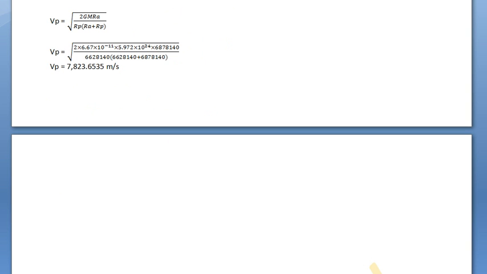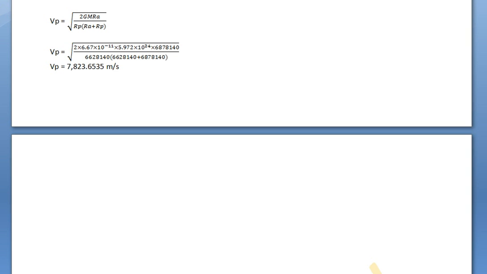Here Ra is the radius of apogee and Rp is the radius of perigee. Now substituting the values for all the constants, we have Vp = 7823.6535 meters per second.